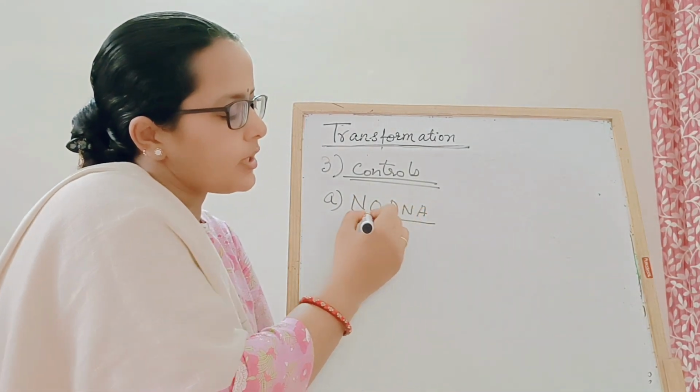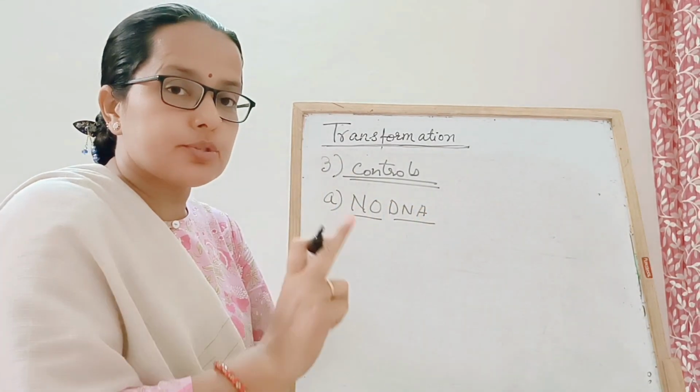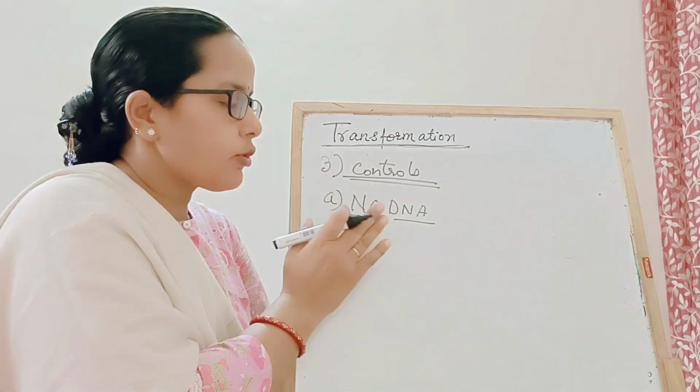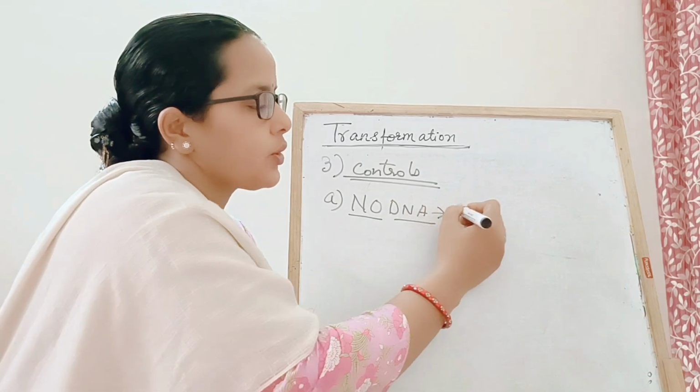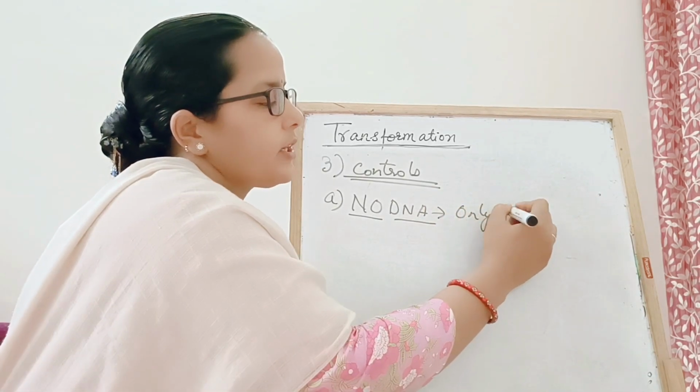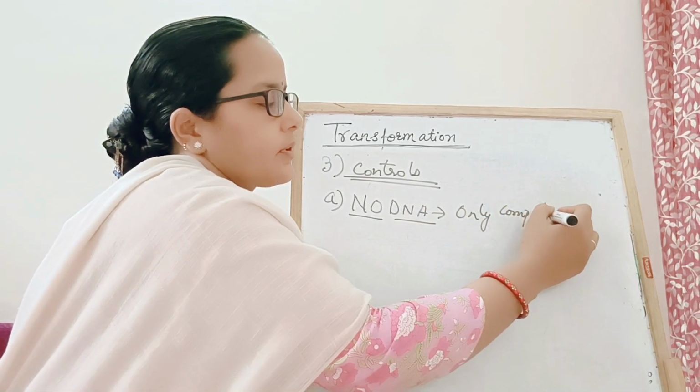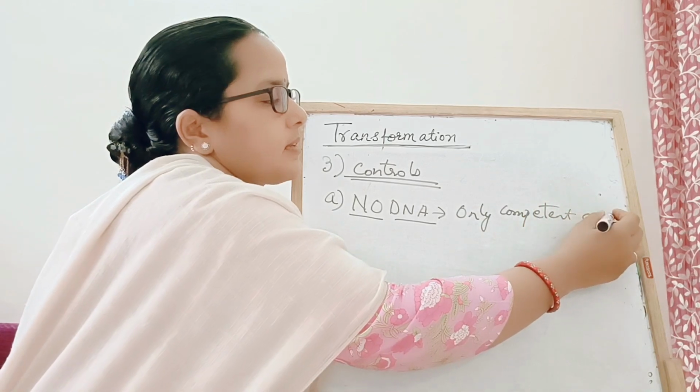In one vial you should not add any DNA, but the procedure should be followed the same for this no DNA plate, which will contain only competent cells.